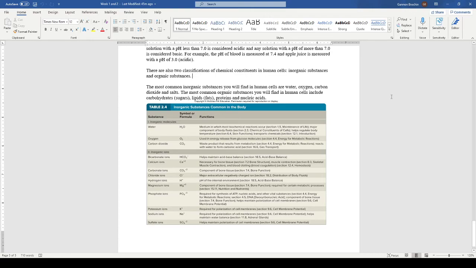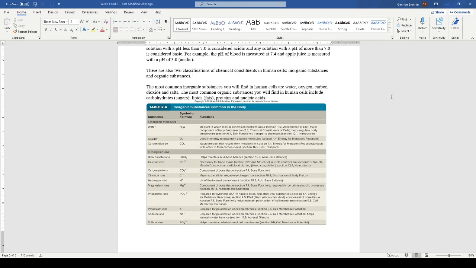Another thing to note is that there are inorganic versus organic. Generally, what separates them is if they're used for bodily reactions specifically.